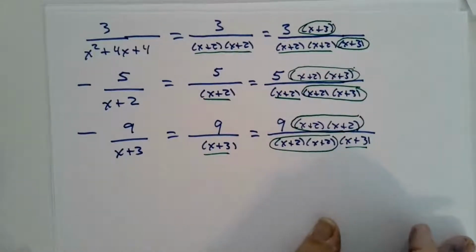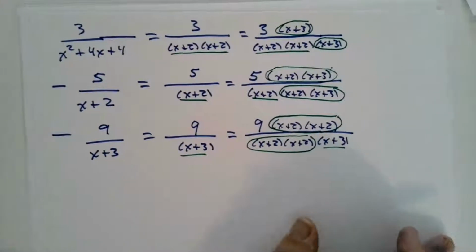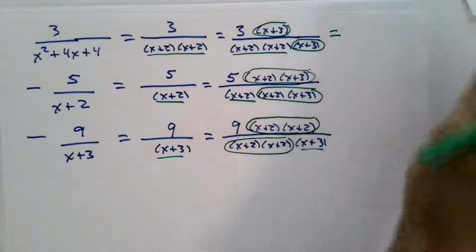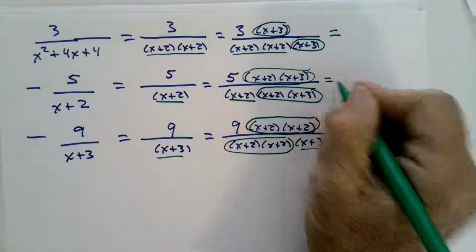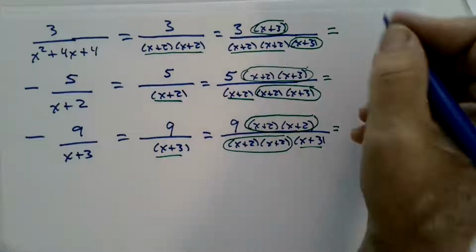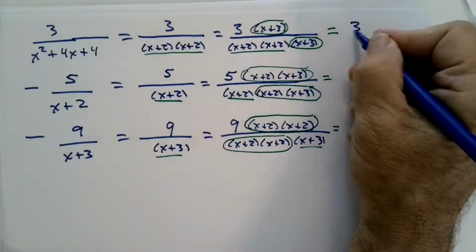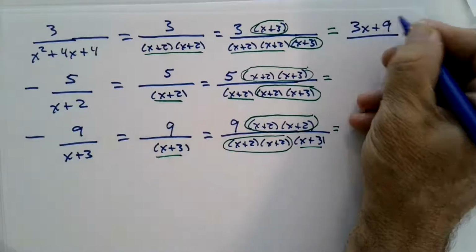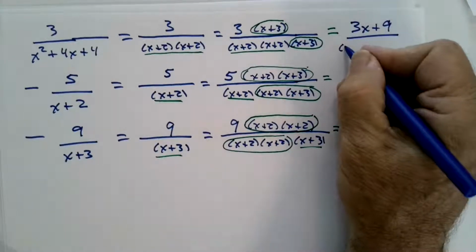Now, what do we have here? This first piece, the numerator is 3 times x plus 3. It should be 3x plus 9 over the common denominator of x plus 2, x plus 2, x plus 3.